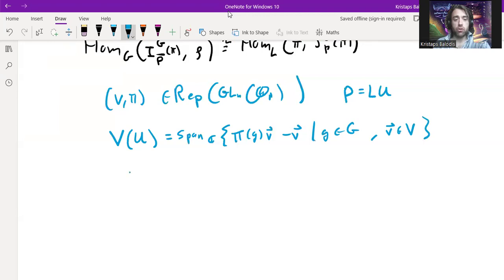And what I'm going to do is consider the quotient of my original vector space V modded out by this subspace. Now, why? Let's think about this.